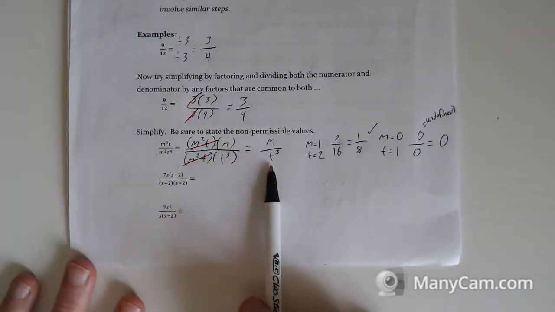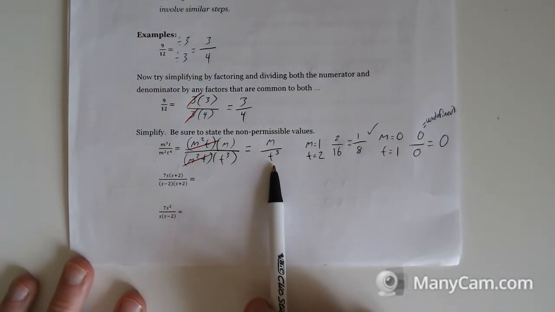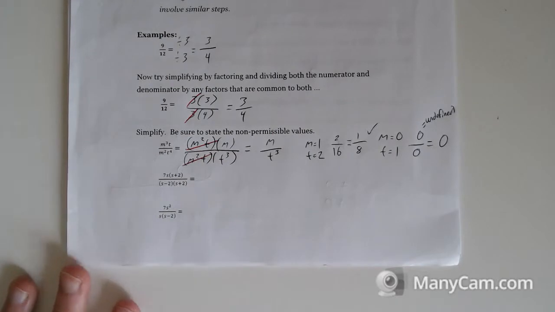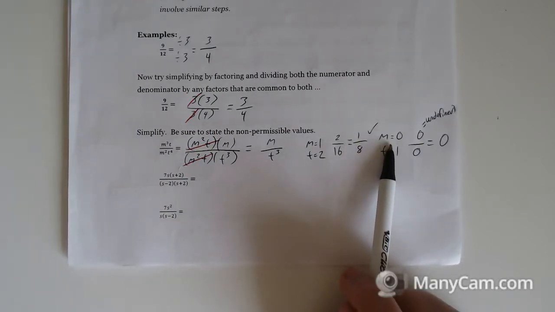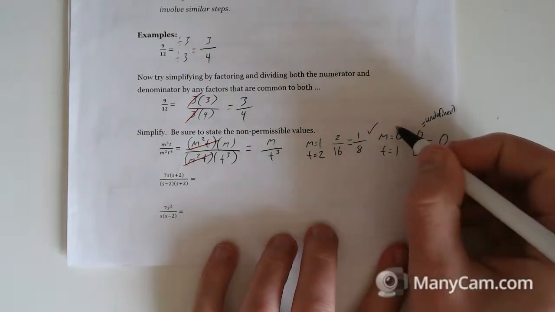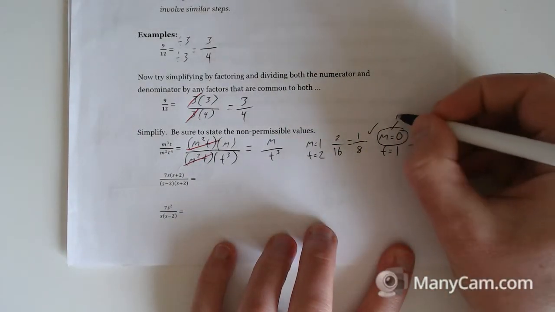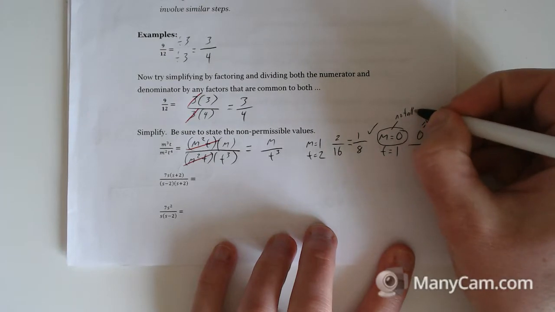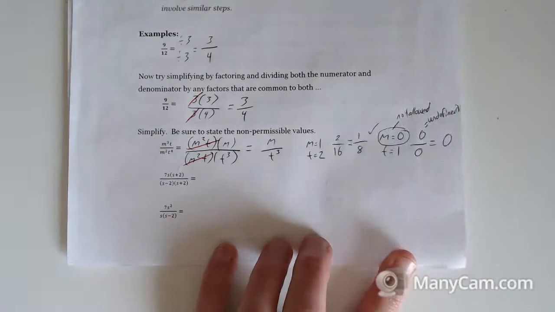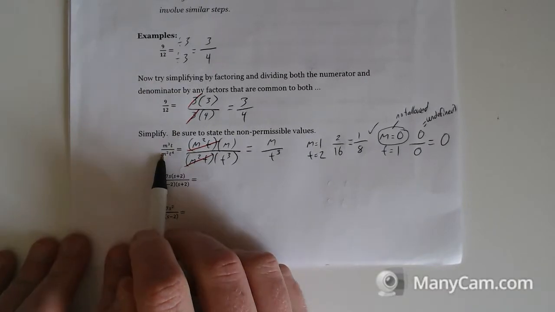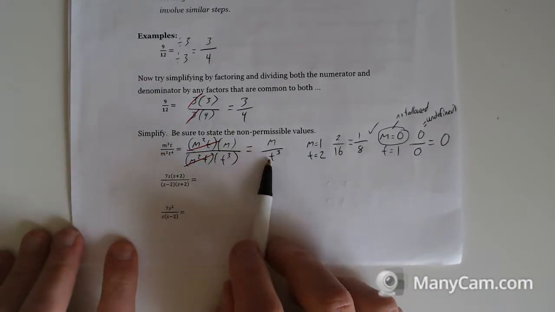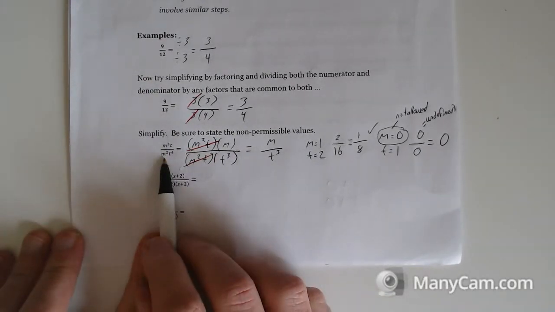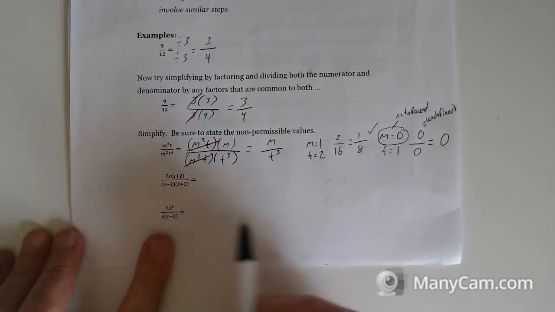So the new expression is almost always the exact same as the old expression. The only exception is the restrictions. You cannot sub in m equals 0. This is the thing that's not allowed. So we have to state the original restrictions and apply them to this one. The original restrictions are m can't equal 0 and t can't equal 0.